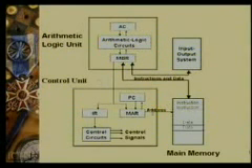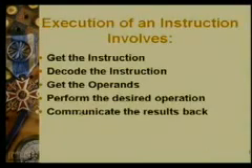The operation the instruction refers to may be performed in this particular place, most likely if it is an arithmetic logic operation. If it is any other operation, then some other step may be followed by the control unit itself, and those operations will automatically take place.